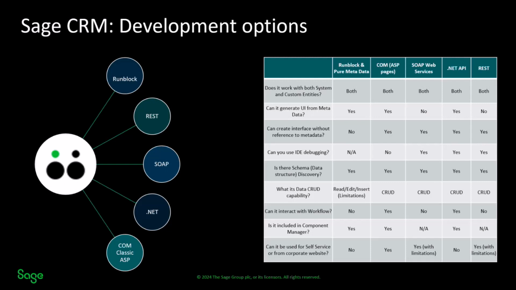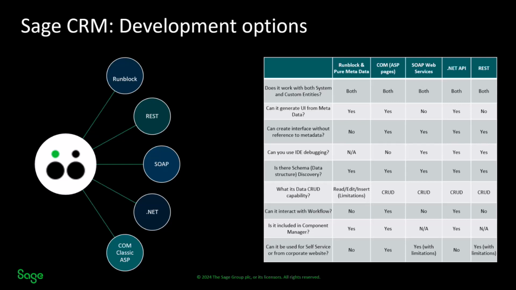The SOAP API fits into the family of different API options that we explored right at the beginning of these 18 lessons. This is very much to do with the ability to work with custom entities as well as system entities. We support that idea within the SOAP API. We can't, however, use really any features to generate an interface from within the SOAP API itself.